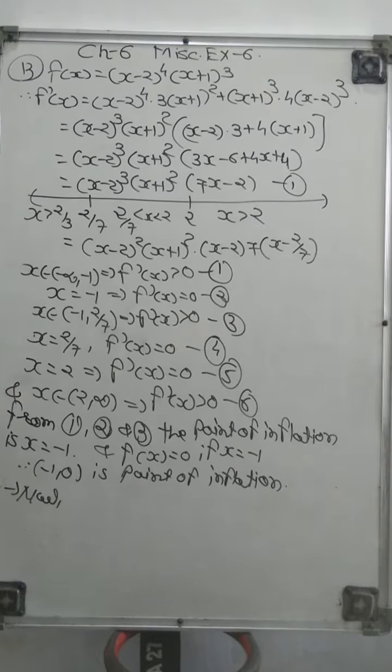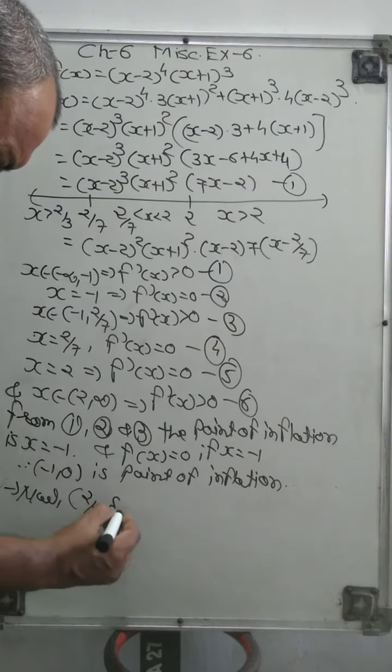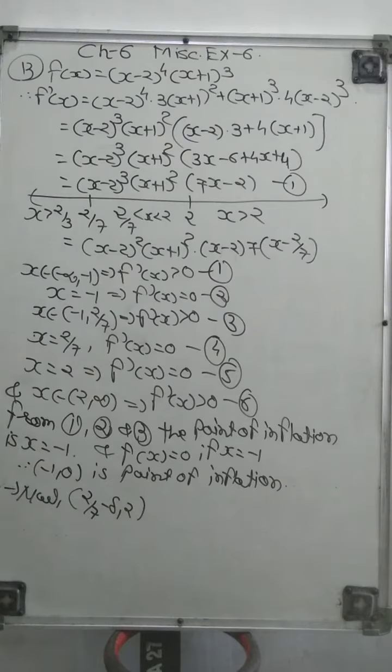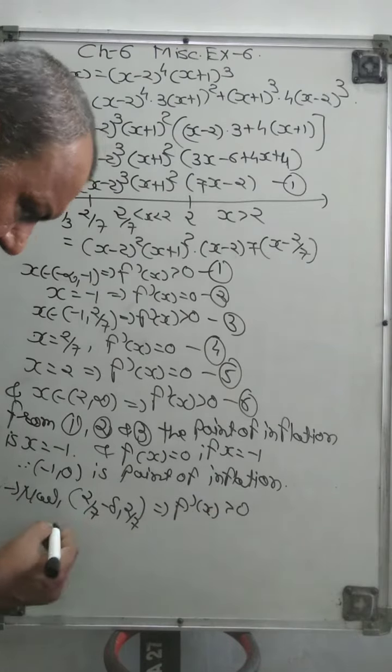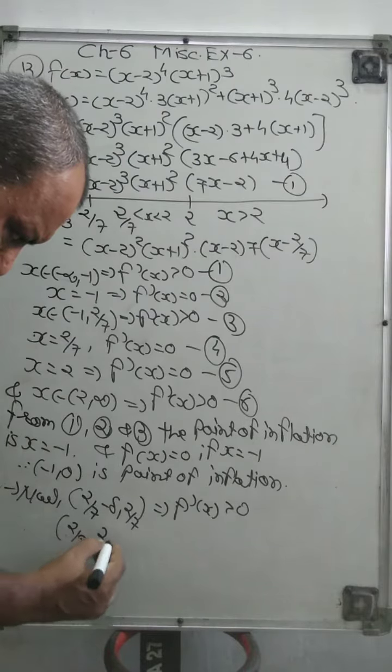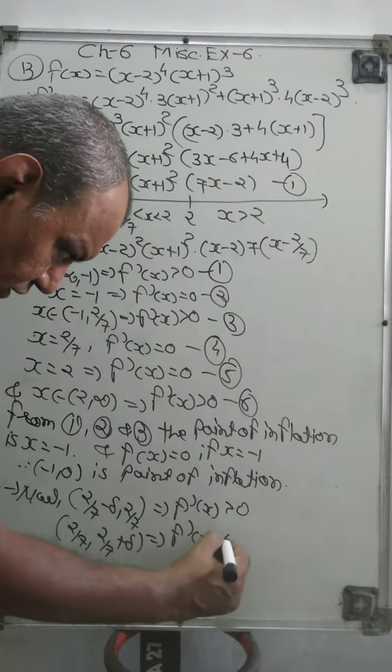So this is our first answer, that the point of inflection is x equal to -1. Then we go for 2/7. If we take 2/7 - delta to 2/7, then f'(x) is greater than 0, and for 2/7 plus delta, f'(x) is less than 0.